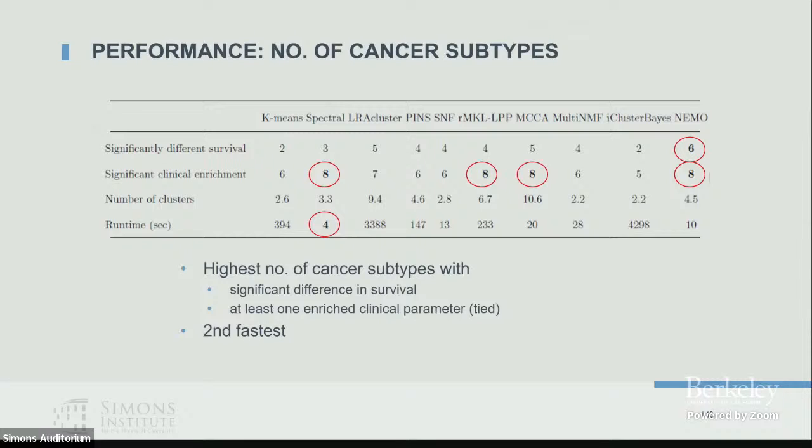When we look at the number of omics where there was a significant clinical enrichment in one or more of the parameters, we see that Nemo is best, tied with 3 other methods. In terms of the number of clusters, it's sort of in the middle. There are good methods that create a large number of clusters, others do well with less. And in terms of runtime, it is the second fastest. The only faster is spectral, because we use the spectral algorithm as a subroutine.